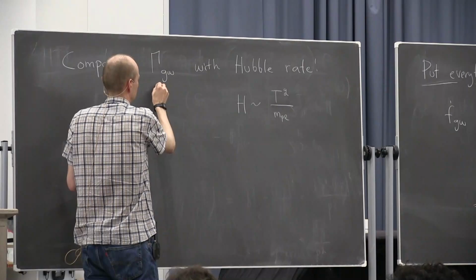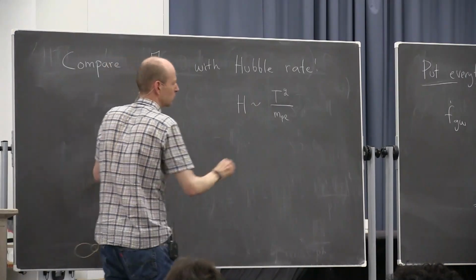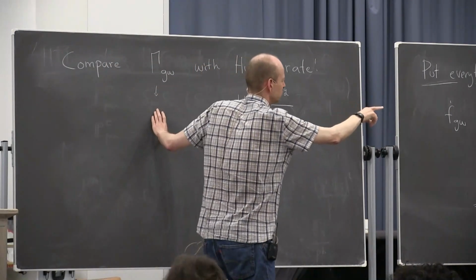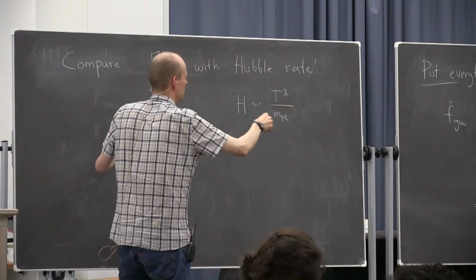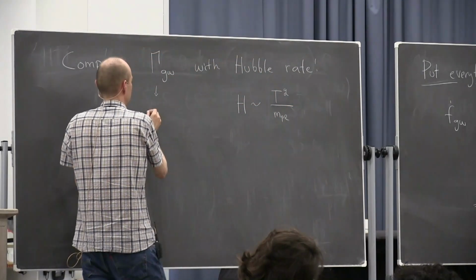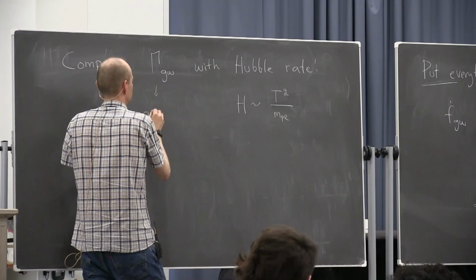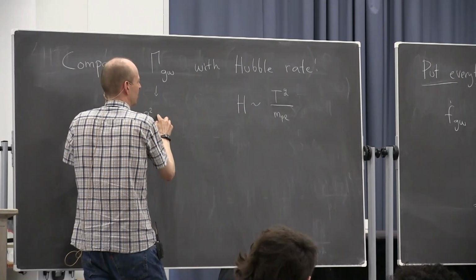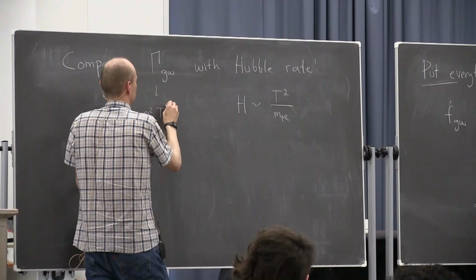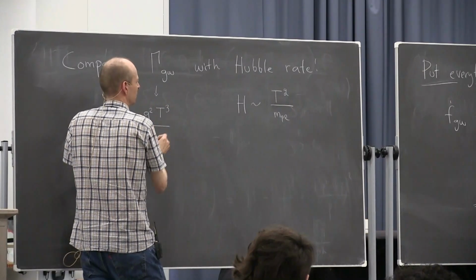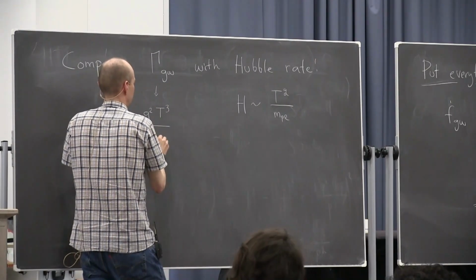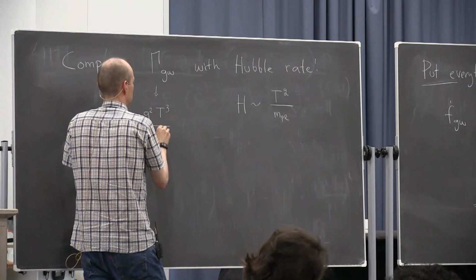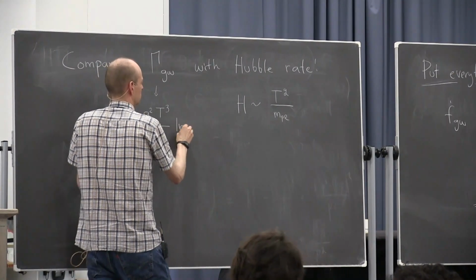And for this we have the expression, but I can write it again in terms of the couplings. So Gamma is g squared, T squared times T is T cubed, divided by 4 times Planck mass squared, and then some log.